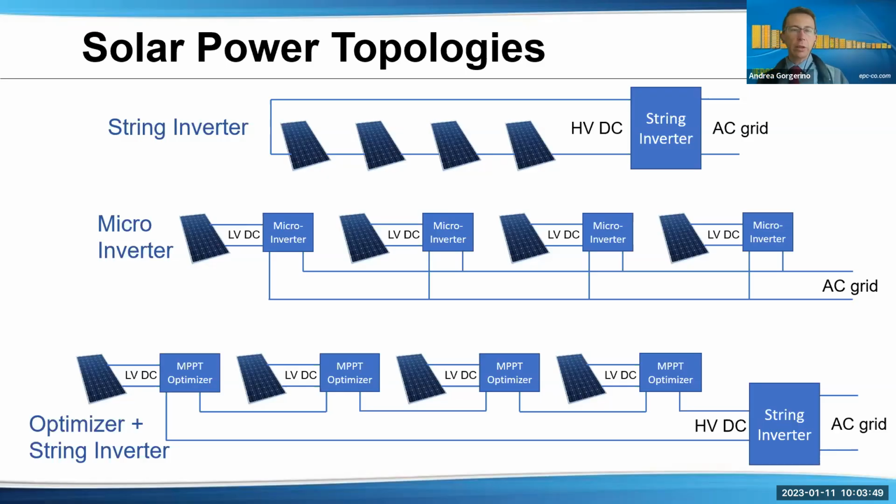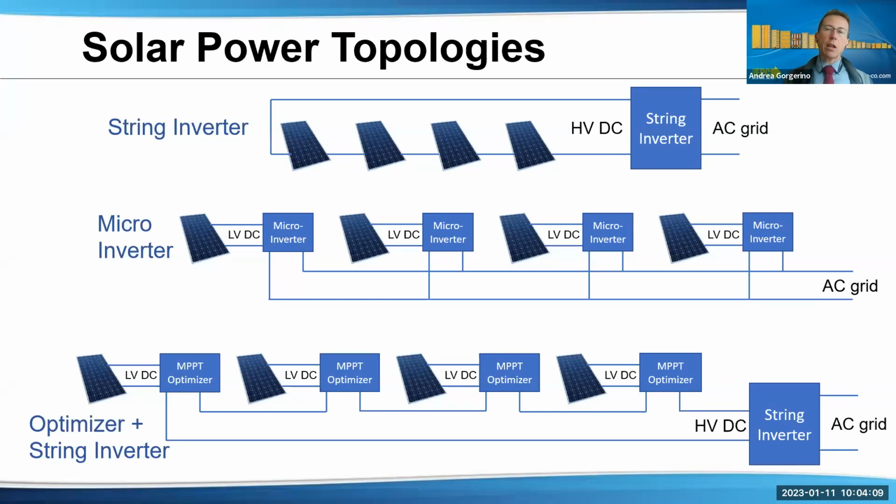The second approach is the microinverter. This one basically puts a single inverter on each panel. So you have the low voltage DC coming into the microinverter, going out as AC, and all the ACs are then put in parallel. This is more common in smaller systems like residential and commercial systems.